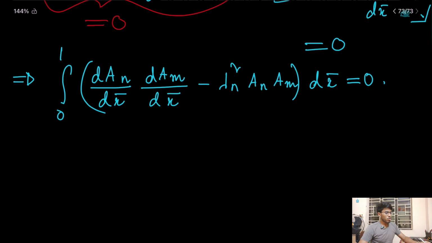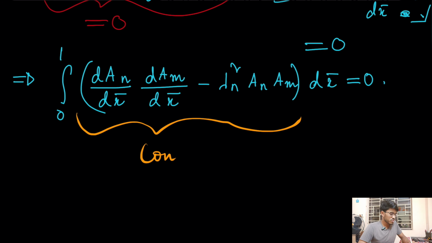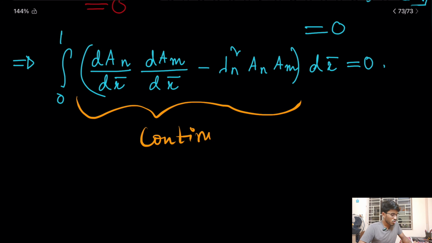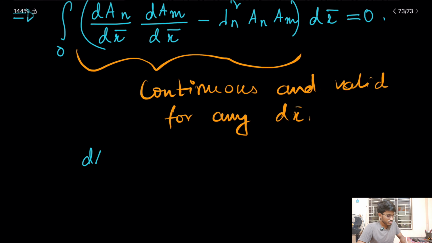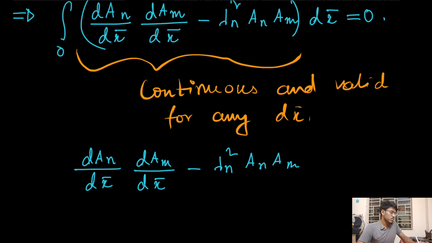Now, considering this function to be continuous and valid for any dx bar, only then can I write dan dx bar dam dx bar minus lambda n square an into am is equal to 0.